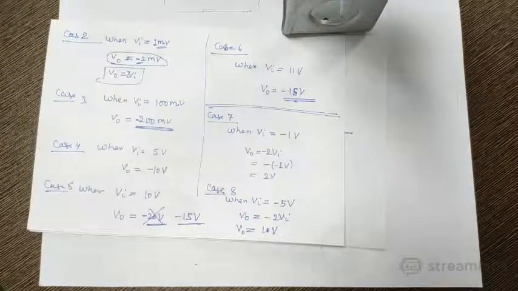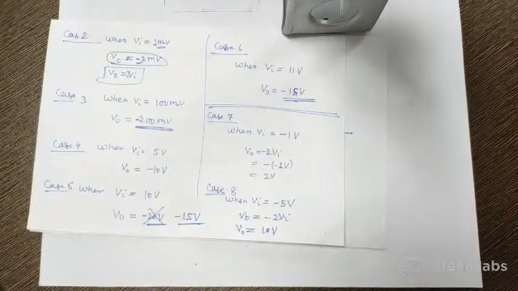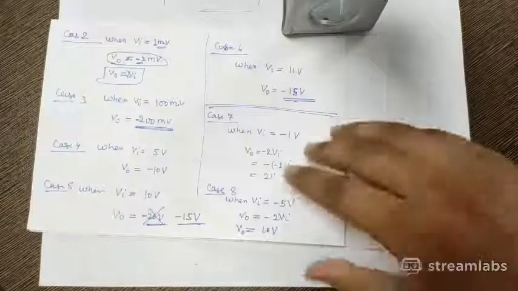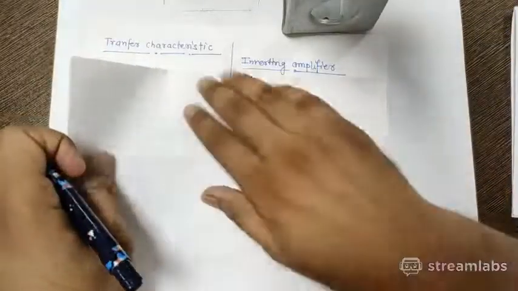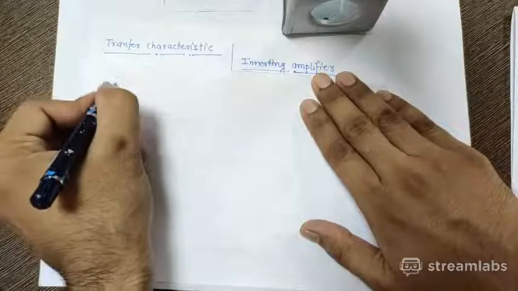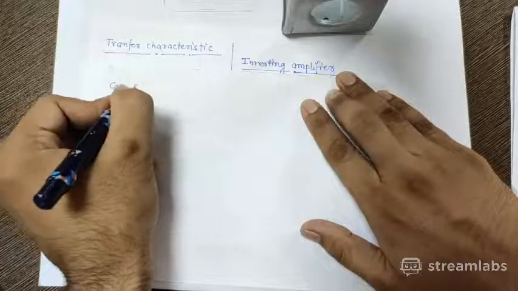Like this, voltage is changing, and I am going again. I am increasing values, and I will go to the next case, up to case number 9.